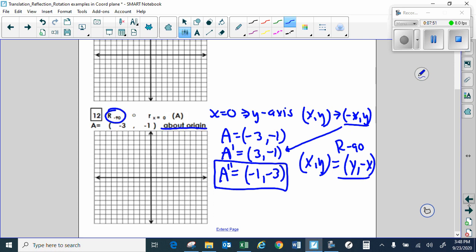Well, now I'm going to also show you, after I reflect it over the y-axis, so we got to 3, -1. There's A prime. And it says to rotate at -90 degrees. Negative degrees is clockwise. So if this is quadrant 4, remember each move from one quadrant to the other is 90 degrees.